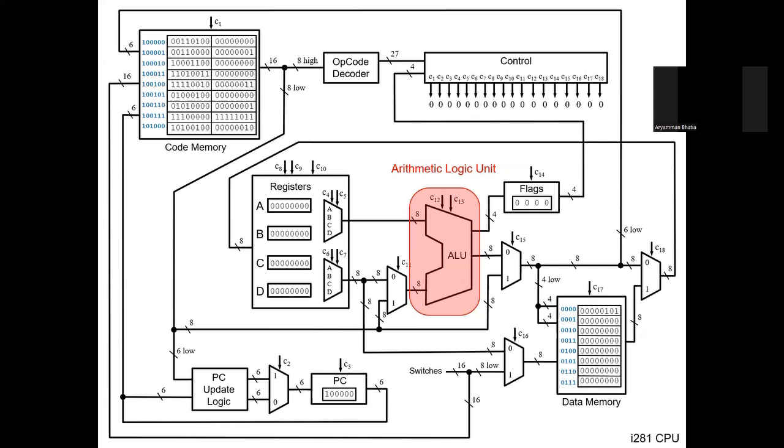It takes inputs from these registers, and it gives outputs, and it contains the circuits of all the different types of instructions it can execute. So adding, subtracting, etc. Whatever it needs to do, it does.